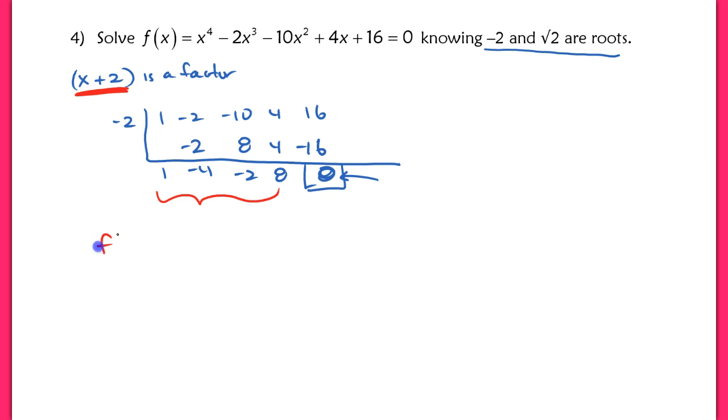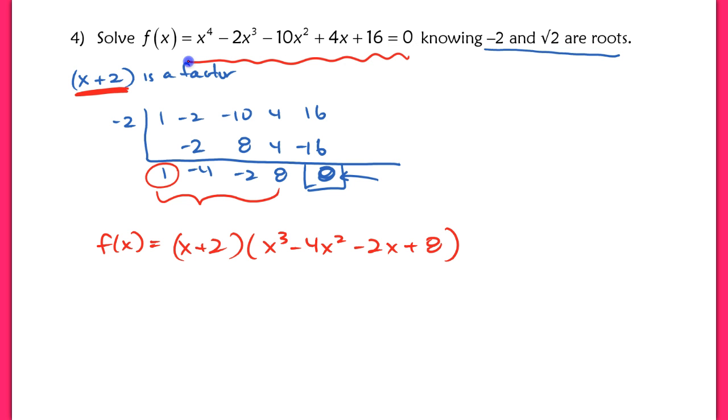So f of x can now be factored into x plus 2 times, remember this has a degree 1 less, x cubed minus 4x squared minus 2x plus 8. So this original polynomial can be rewritten as the product of these two polynomials.